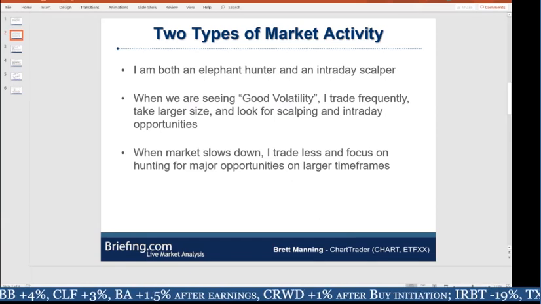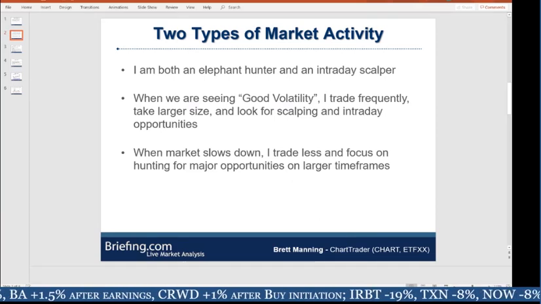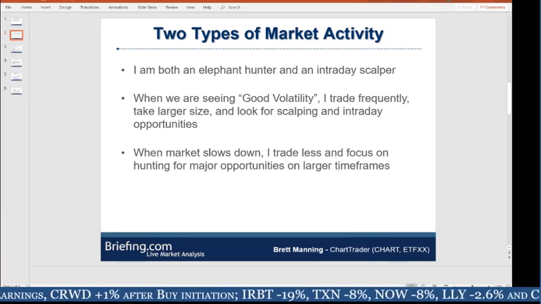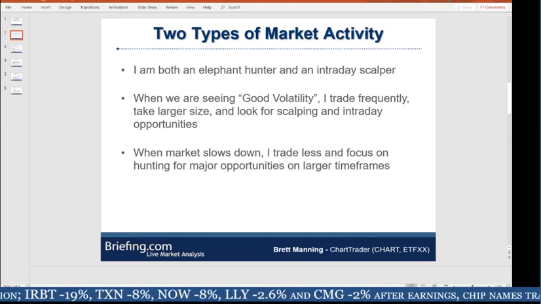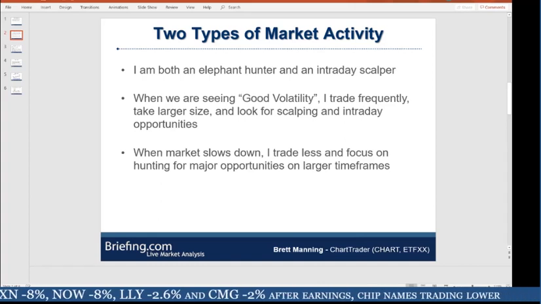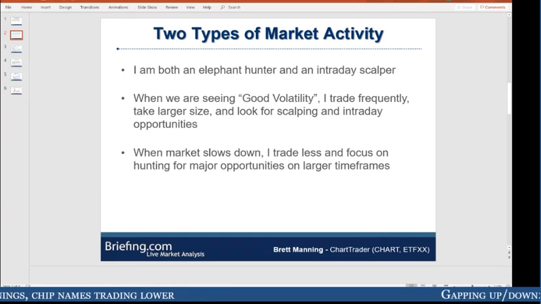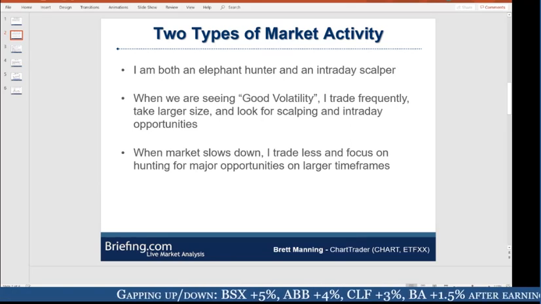So I've structured my approach around the idea, based on experience, that you can do really well, but you can also really shoot yourself in the foot by being overly aggressive in intraday trading during periods where the market is choppy, where volatility is lower, where the market is more quiet. So all along the way, I'm also basically trying to hunt big macro trading opportunities where the short-term trading is tape reading, it's pattern reading, it's overall bias.